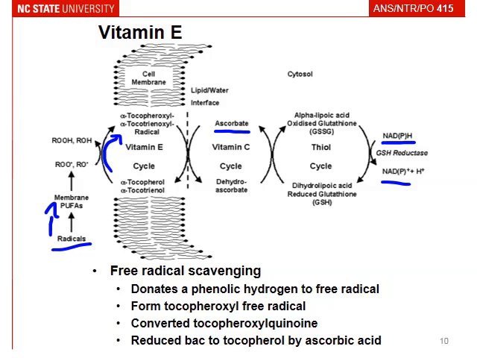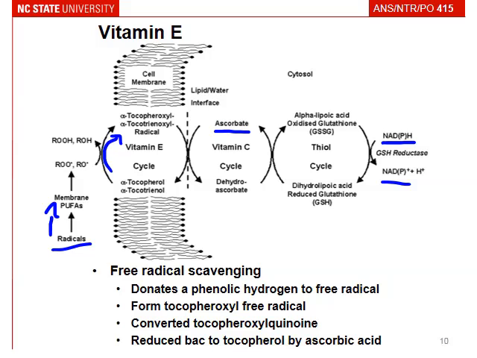So our vitamin E donates phenolic hydrogen to the free radical. It forms tocopheroxyl free radical that's converted to tocopheryl oxyquinone, and that's reduced back to tocopherol by ascorbic acid.